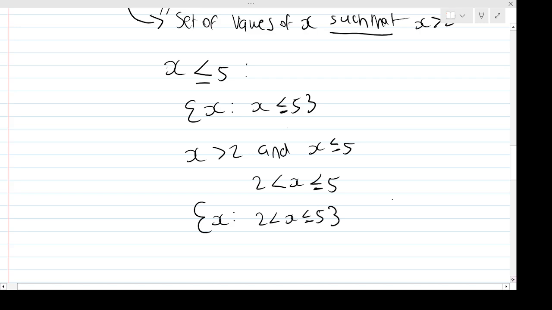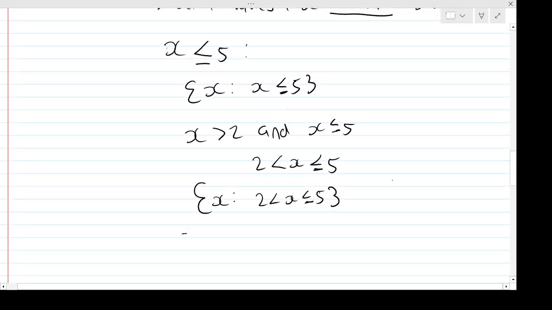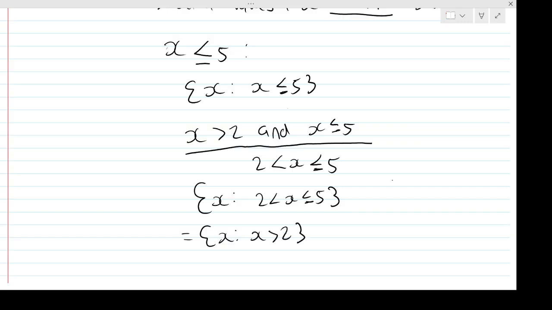However, what we can also do is split this into two separate sets or two separate brackets, to say this set of x again, and we can write this out instead. So x greater than 2 and x less than or equal to 5. So you can split the inequalities up to say x greater than 2 and, but how do we write and?